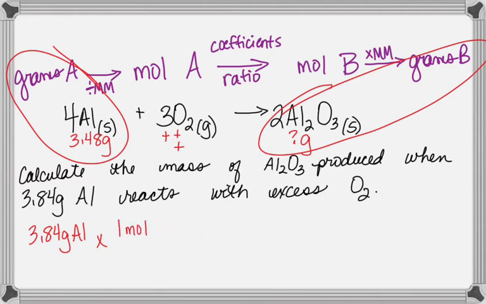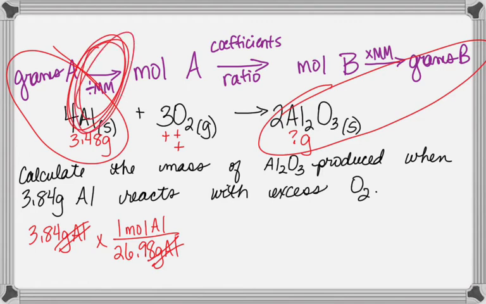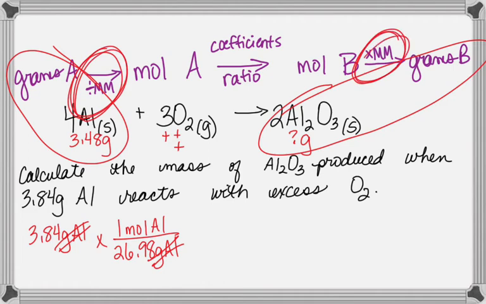It should say a mole of aluminum is 26.98 grams of aluminum. That makes more sense, so that grams of aluminum will cancel. On this step, where you're doing the molar mass step, always use 1 mole of your stuff. 1 mole of aluminum is 26.98 grams. On the molar mass steps, do not use the numbers from the balanced equation. In other words, don't use the 4 from the balanced chemical equation.